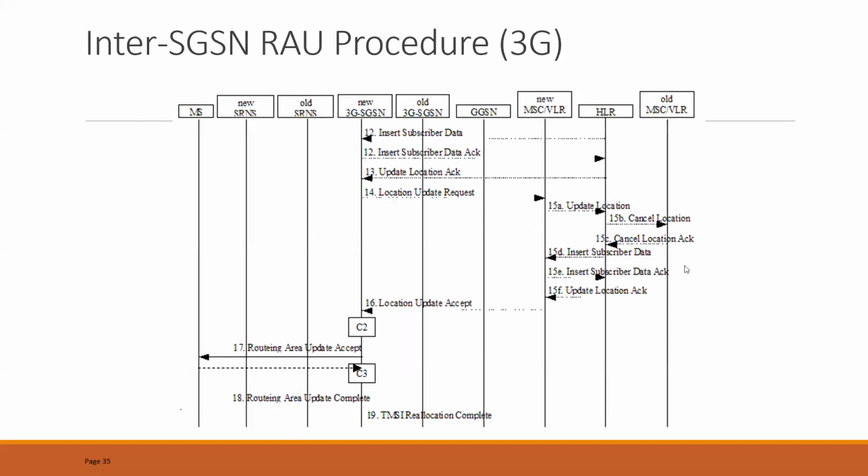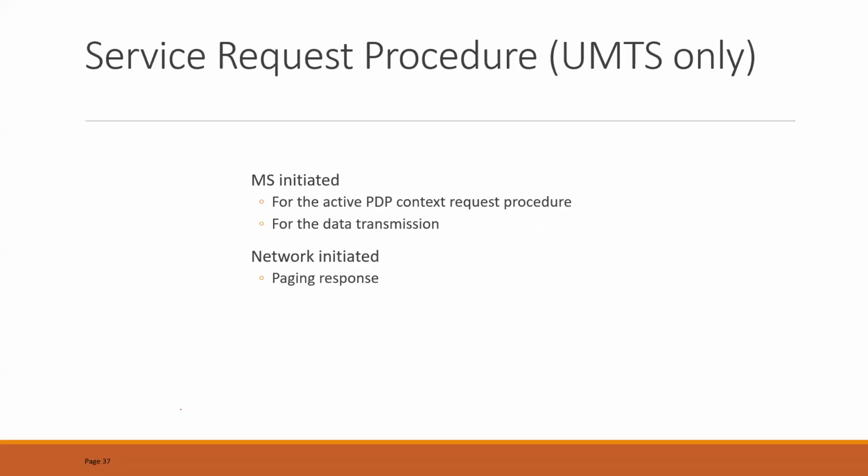Okay, so 3G service request procedure. What happens in 3G you will understand a little bit more when we come to the session management procedures. But there are a very limited number of radio resources available on your radio side in 3G.